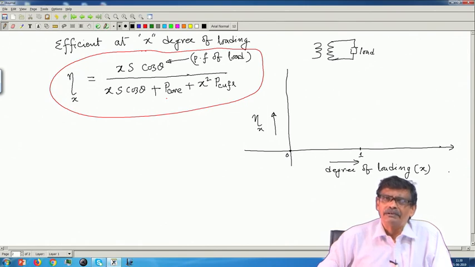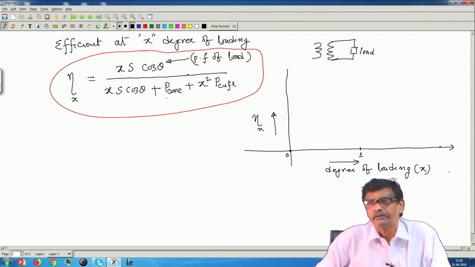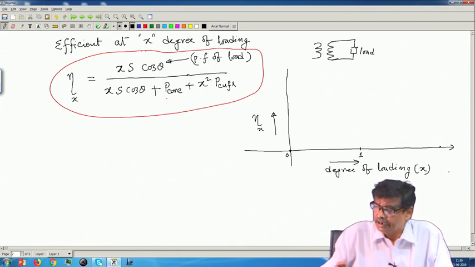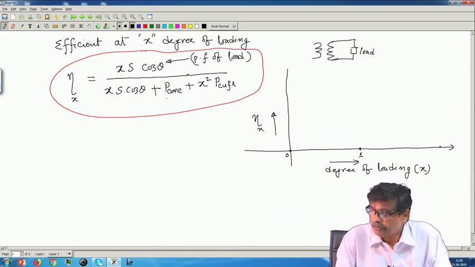A transformer is not run continuously under overloaded condition, but for a brief period you can overload it by 10%, 20%. Anyway, this point corresponds to full load and this point corresponds to no load.